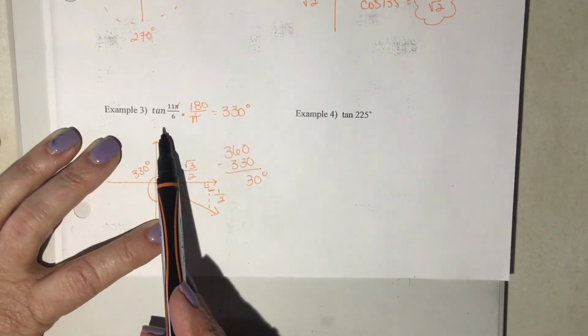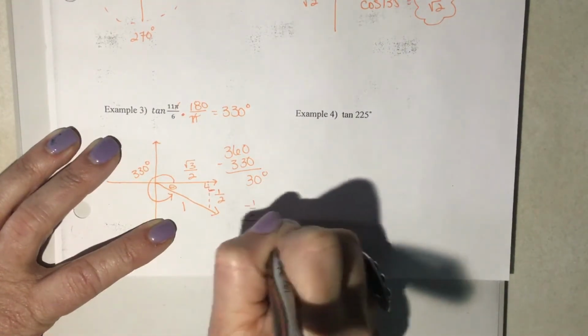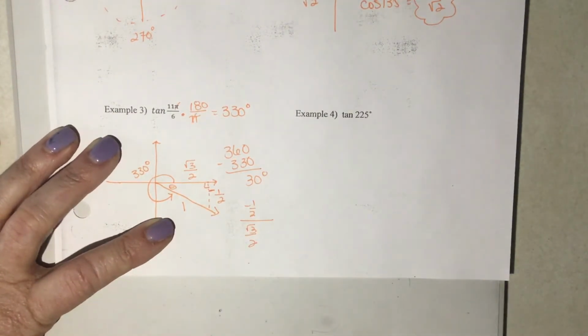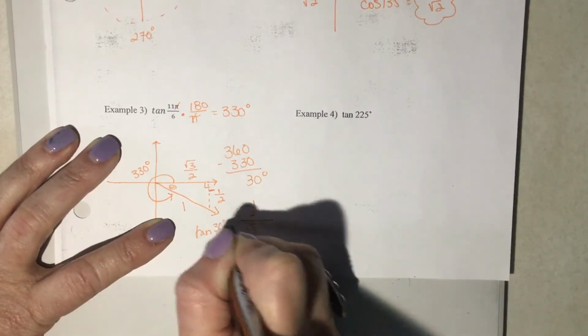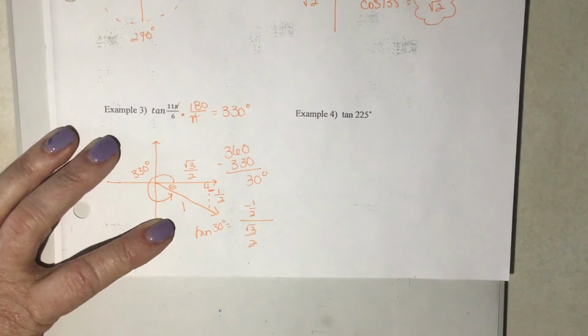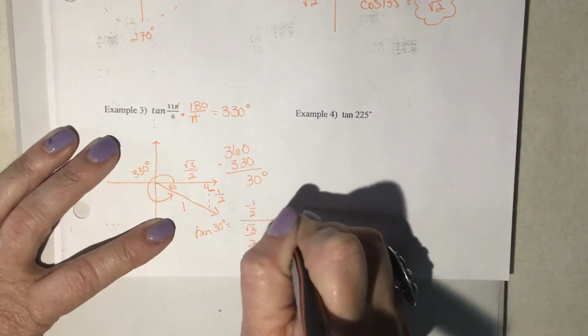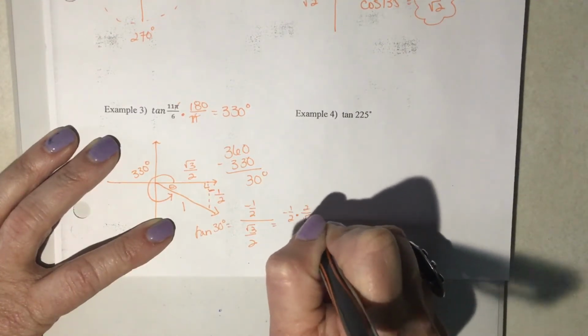So I want tangent. So tangent is opposite over adjacent. Say what? Opposite over adjacent. Now don't freak out on me here. What I have is a fraction being divided by a fraction, and when I want to divide a fraction by a fraction, I multiply by the reciprocal.